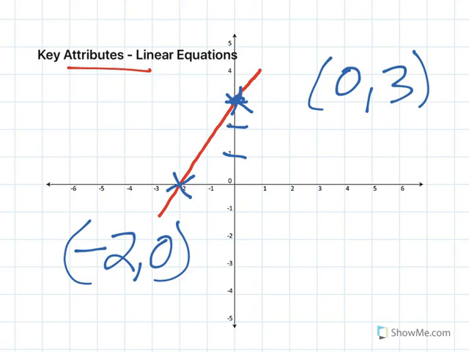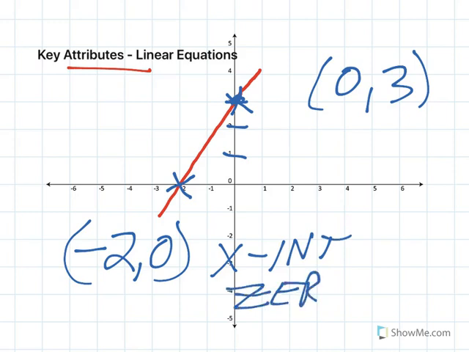Okay, sometimes the x-intercept is called the zero. So the y-intercept doesn't have another name. It's just the y-intercept.